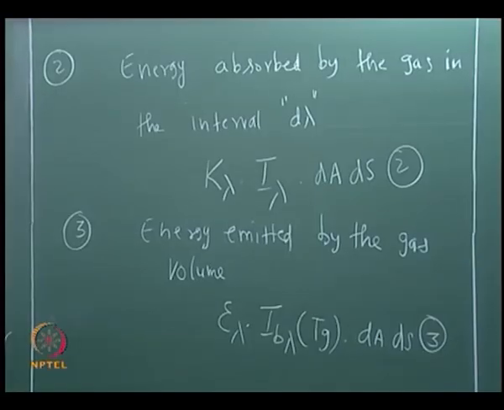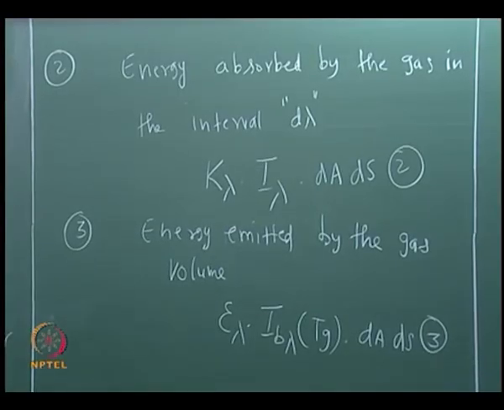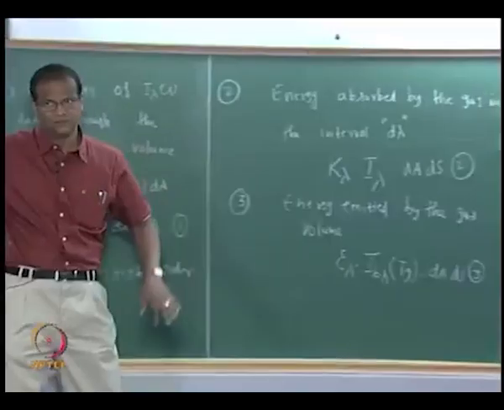With the absorption the I lambda will tend to decrease as the radiation passes through the gas volume, but this will be compensated by the emission from the gas. Therefore, if you have to do an energy balance, this dI lambda by ds will be equal to this minus this, correct.